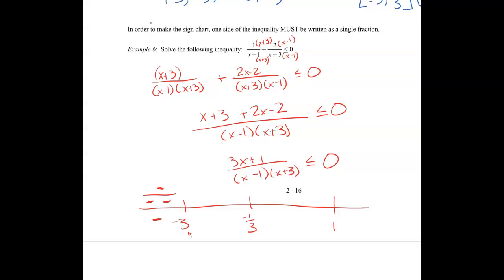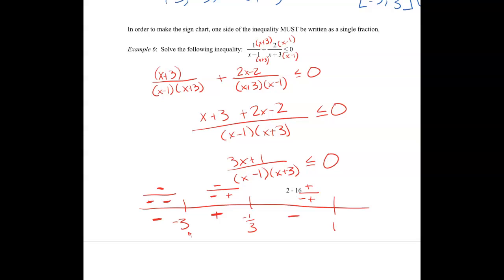If I plug in something between -3 and -1/3, for example -2, I'm going to get a negative on top, a negative, and a positive, so overall the whole piece is going to be positive. And then if I plug in 0, because that's between -1/3 and 1, I will get a positive over a negative times a positive, which will overall be negative.